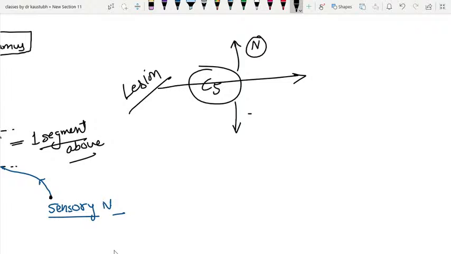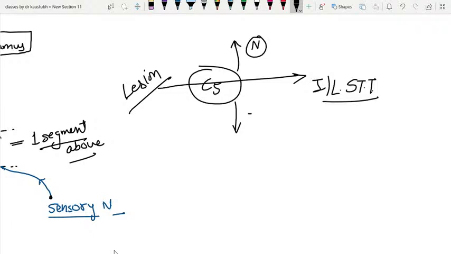At the level, what will happen? At that level, the same sensory nerve is present which has not yet crossed. So at the level, there will be ipsilateral spinothalamic tract involvement, so there will be same-sided loss of pain and temperature.